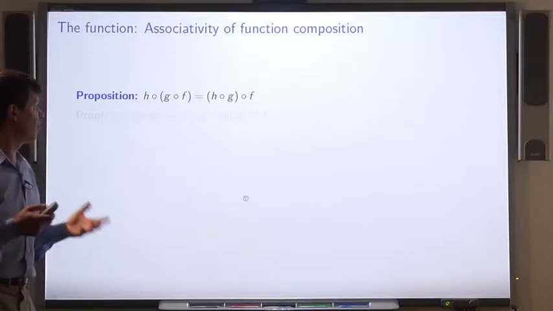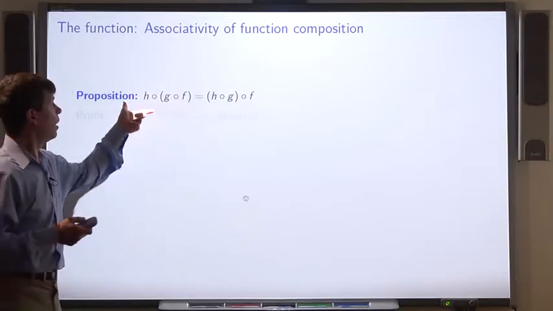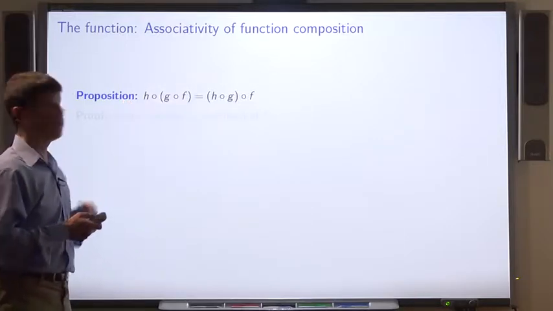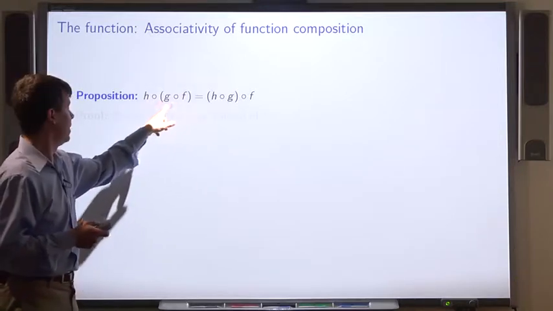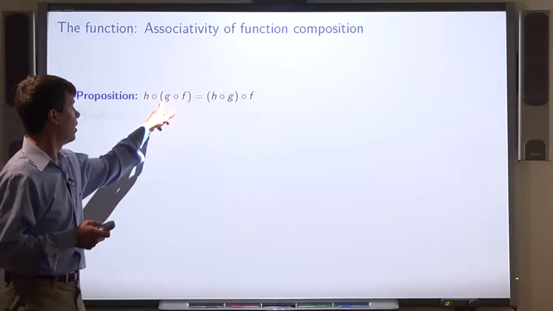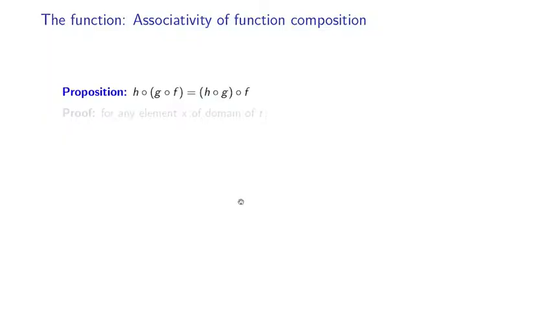The parentheses are not needed because function composition satisfies associativity. This is what associativity means. H composed with the result of composing g with f is the same as h composed with g composed with f.